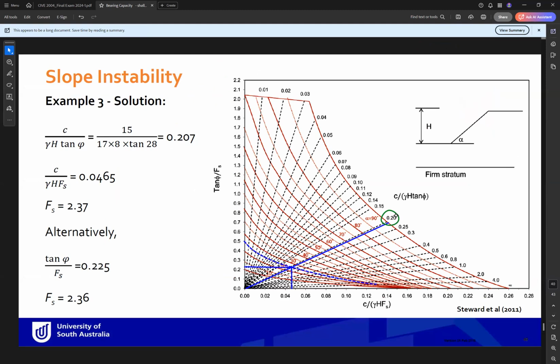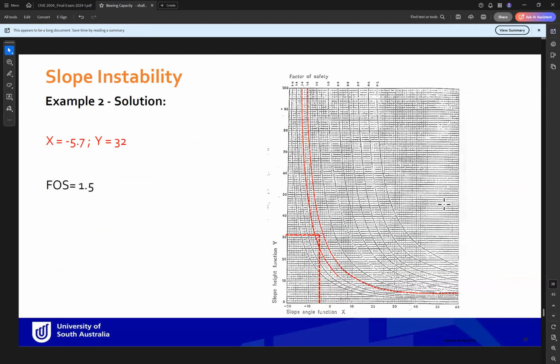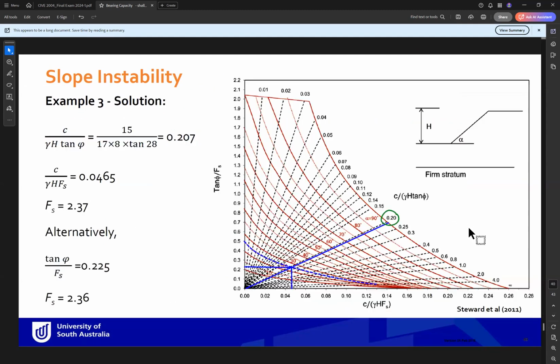Alpha here was 25. So for alpha 25, this is our intersection point. We draw a straight line this side and this side. These are the two values we got: the factor of safety from the first one, 2.37, and from the vertical axis, 2.36. So they are almost equal.